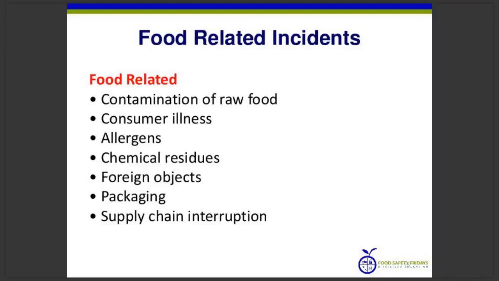As an example for allergens, maybe we have allergen contamination for the product, which is not well declared on the label itself. This can lead to an allergen issue, and finally it can lead to consumer illness related to such allergens.